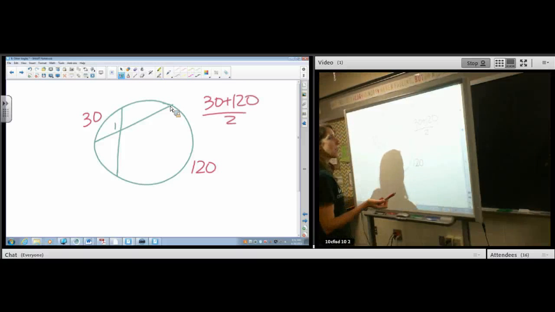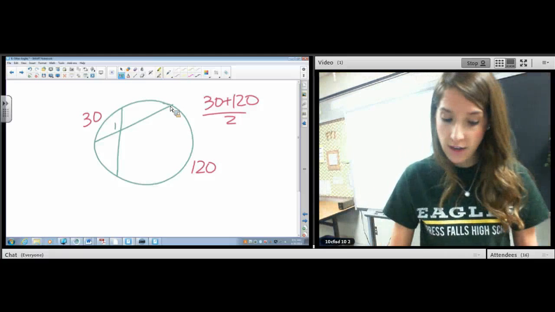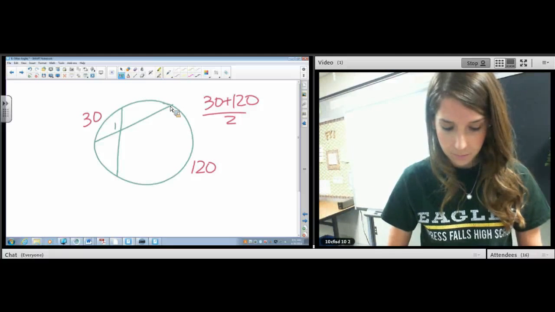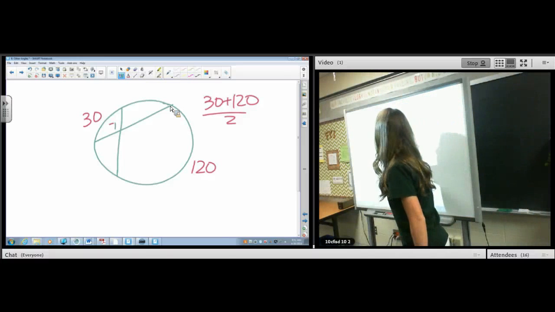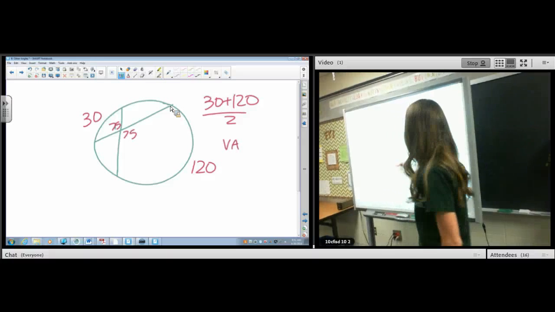The only way we can make it difficult is if we're making you find the arc and not the angle, and you would need to work backwards. But either way, that one's 75 and that one's 75 because they're vertical angles.